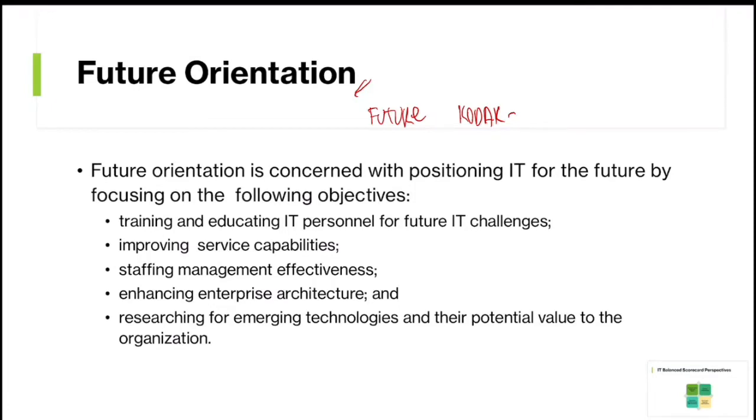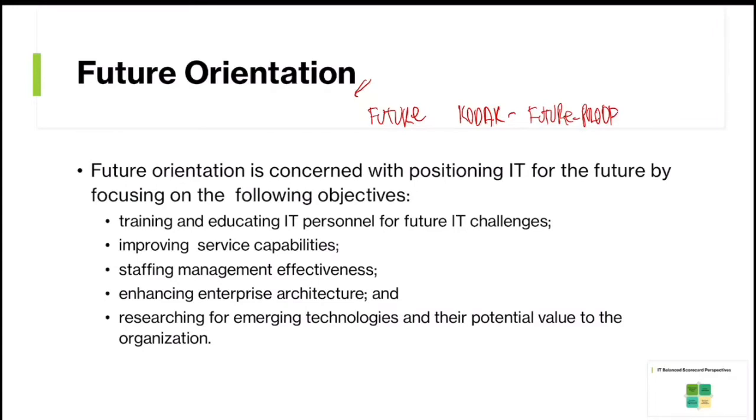However, after a while, due to the proliferation of mobile phones and digital cameras, they went out of business. So they weren't able to future-proof their business.